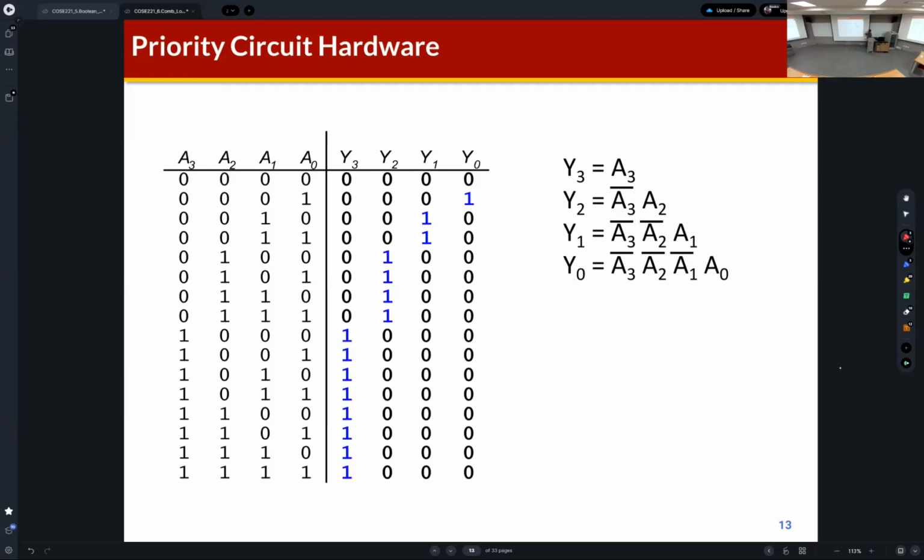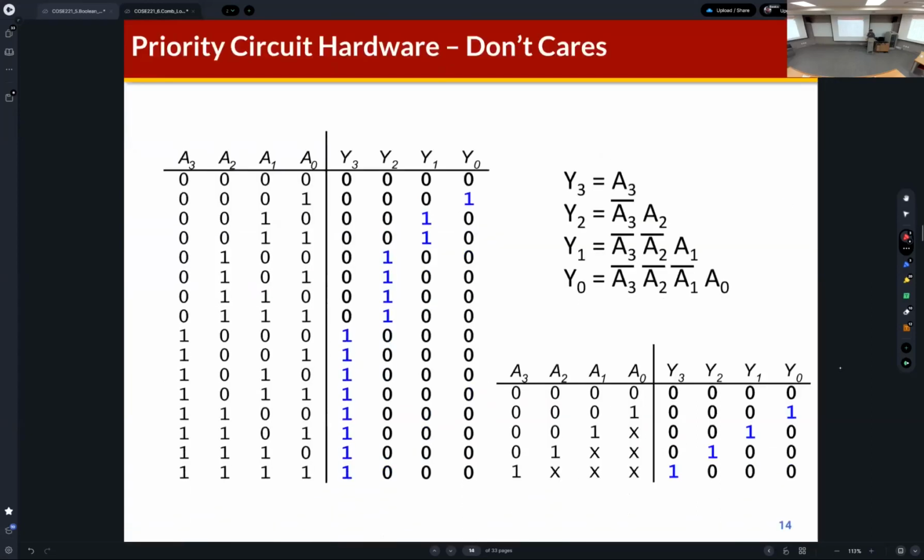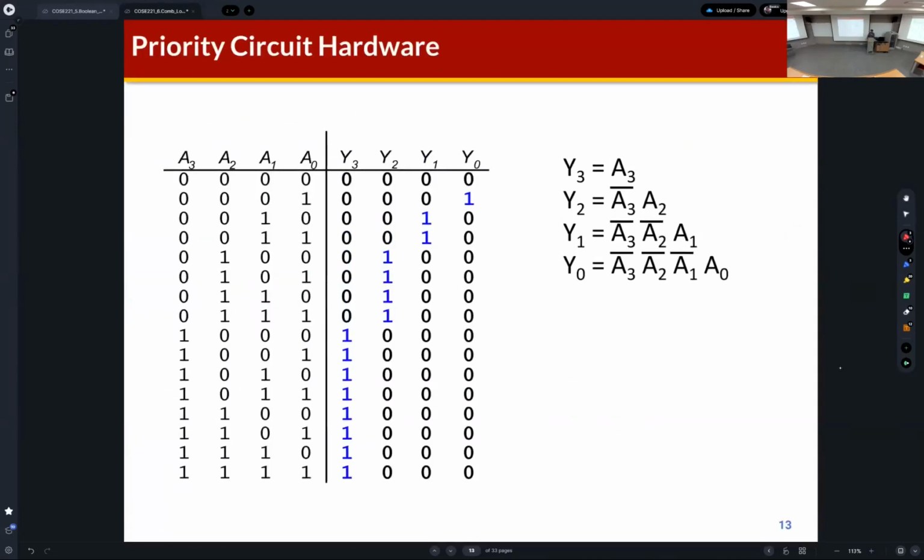But I want to explain about the don't care signal. In order to represent the priority circuit, we can define all possible inputs and then generate the outputs.